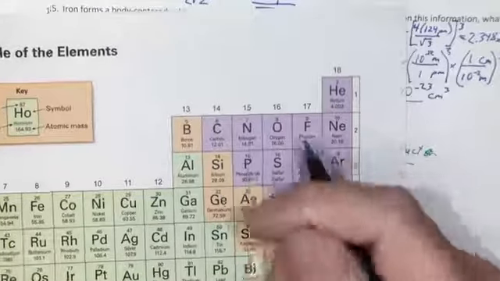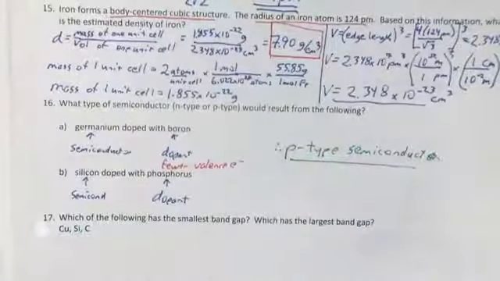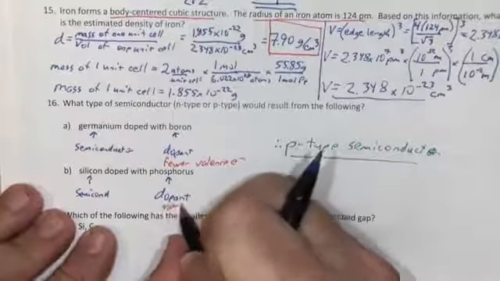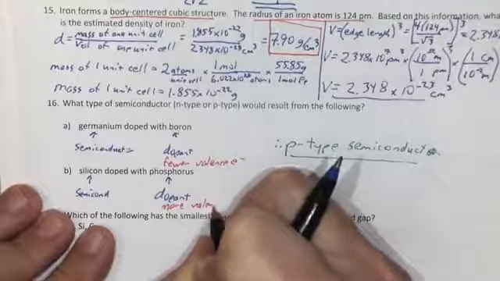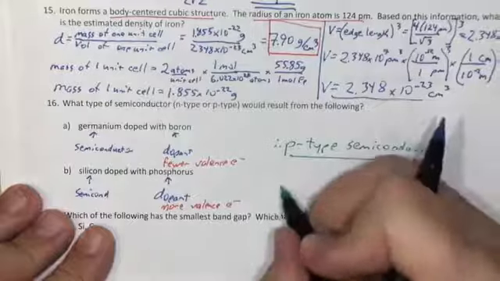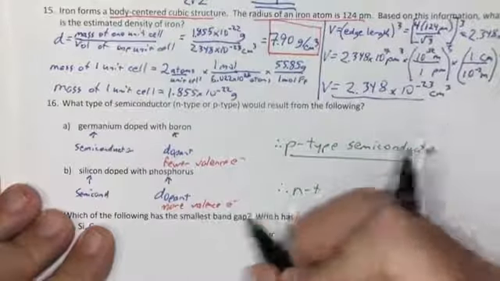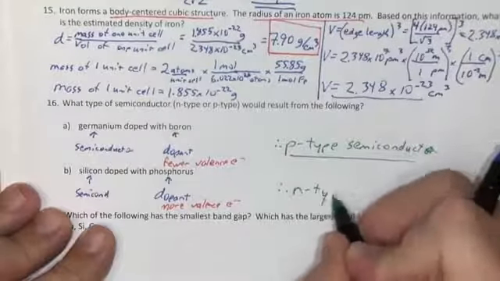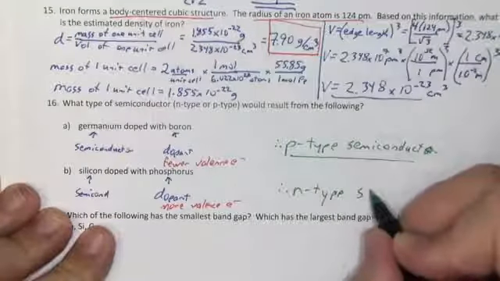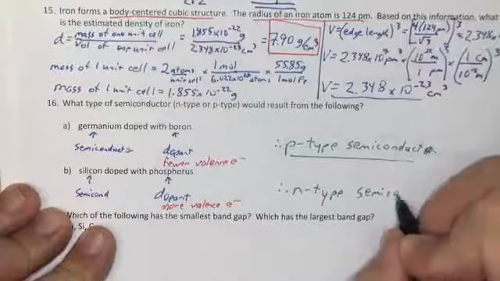Phosphorus has more valence electrons than silicon. Since it has more valence electrons, therefore, this is an N-type. It conducts electricity through the negatively charged electrons, and it's an N-type or negative semiconductor.